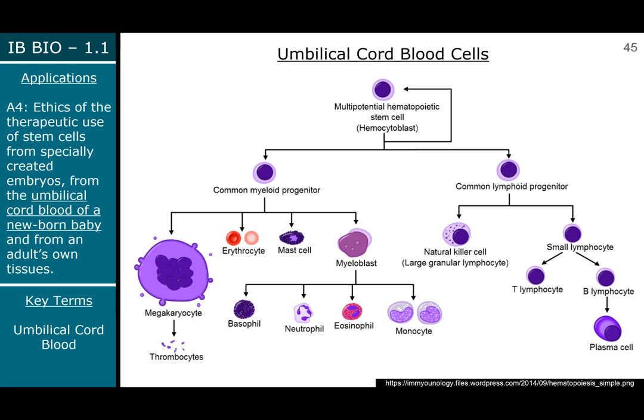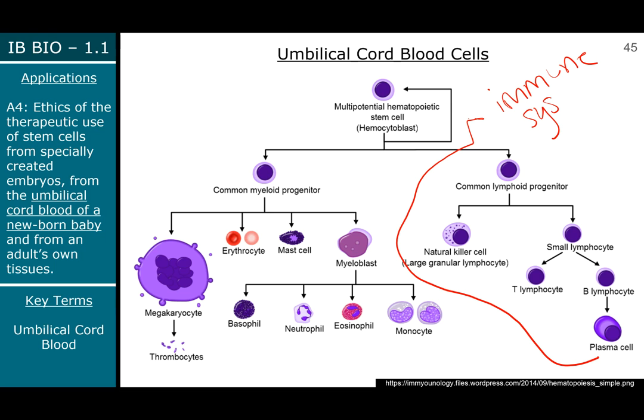So these guys over here, these all are immune system cells. So if you ever have a disease that wipes out your immune system, or you ever have treatment for a disease that wipes out your immune system, like chemotherapy or radiation therapy, you can use those umbilical blood cells to help reboot and rebuild your immune system.